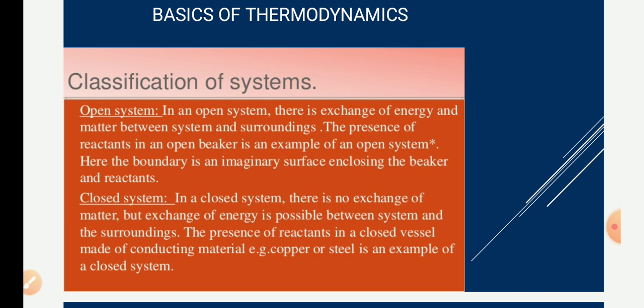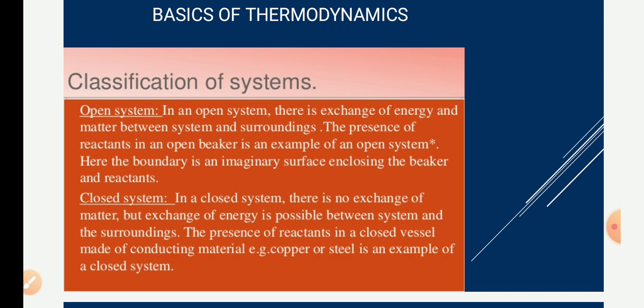For example, an automobile engine, or the hot gas from combustion entering and leaving gas turbines. In industries, we observe that in gas turbines both energy and matter enter and leave the turbines between system and surroundings. So we call that an open system.